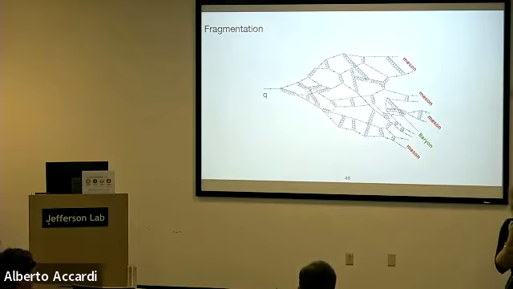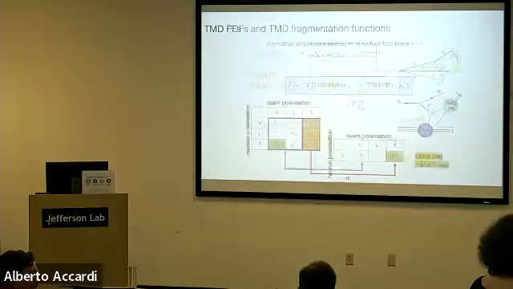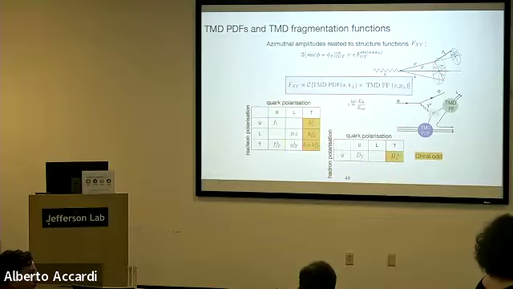So to access the low region in x, how should I say? For high x, you can just use a fixed target and a beam. For low x, you need much higher energy, so you would use beam collisions.